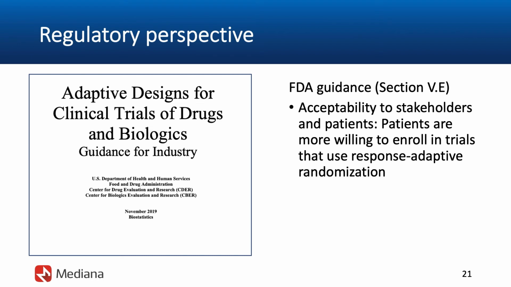There will be potentially fewer protocol deviations. So, to summarize, investigator enthusiasm is important, and so is patient enthusiasm. They should not be discounted, and it's an important feature of clinical trials that rely on adaptive randomization.